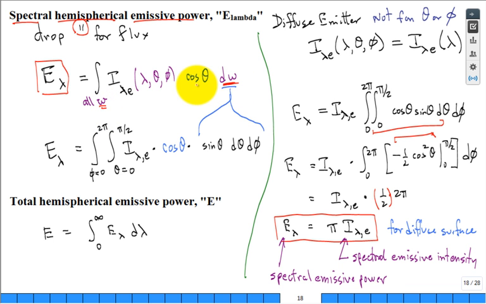You would have that cosine distribution, and this intensity for a well-behaved type of surface that we like to analyze is constant. So you expand out, what is our solid angle here? Now we have an integral with respect to theta going 0 to pi over 2, where you have cosine of theta, sine of theta, and then phi going 0 to 2 pi.